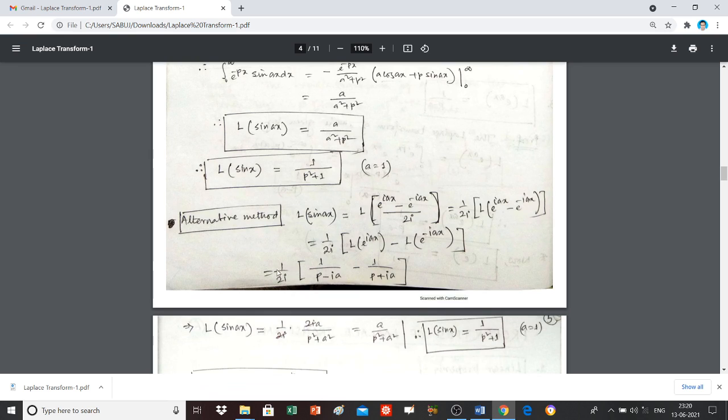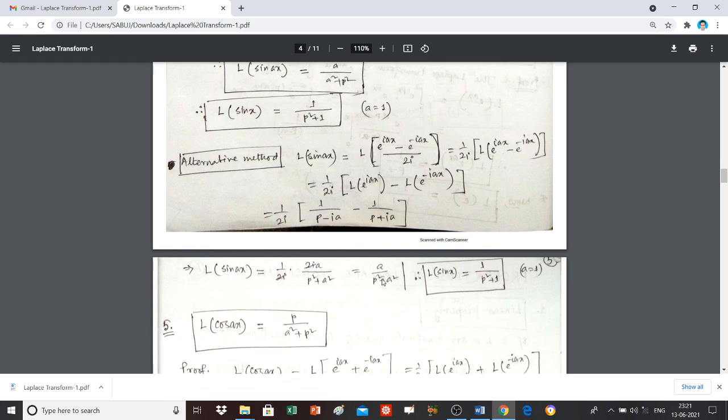So the Laplace transform of e to the iax should be 1 by p minus ia. Here is ia instead of a, so we write p minus ia, and then minus from here 1 by p minus of minus ia, that will give you p plus ia. Just simplify this.